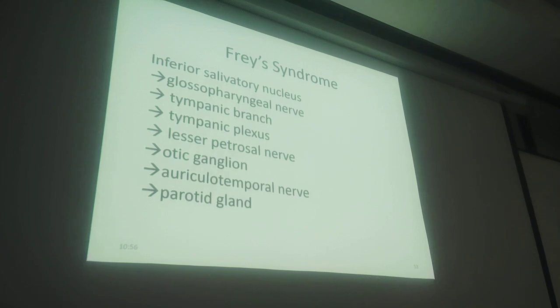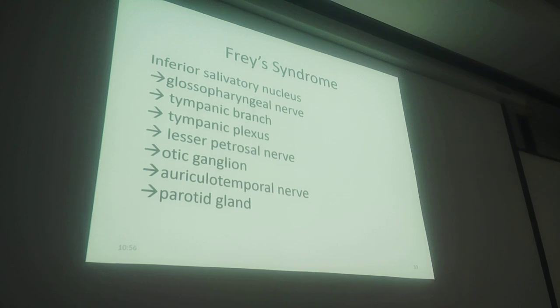In a penetrating injury, the sympathetic fibers which are supplying the sweat glands of the skin and the parasympathetic fibers which are secretomotor to the parotid gland may get crisscrossed. So sympathetic fibers will supply the parotid and do nothing. Parasympathetic fibers will supply the skin and cause sweating.